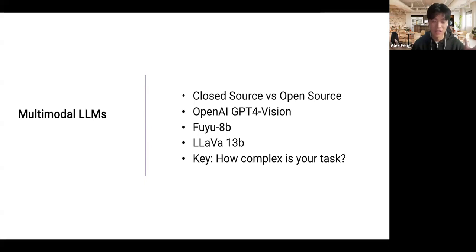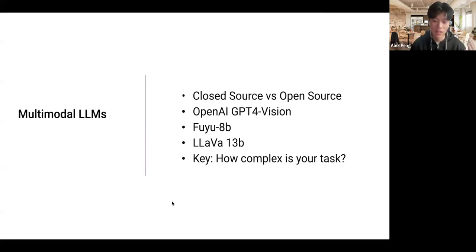So this list of options is very fast growing. Obviously, at the forefront, we have OpenAI's GPT-4 vision model, which powers the ChatGPT image reasoning. We also have open source models, which have come out very recently, and are providing very comparable performance to OpenAI's GPT-4 vision model, sometimes even surpassing it in fine-tuned use cases. And happy to dive into that in the Q&A for much less compute cost.